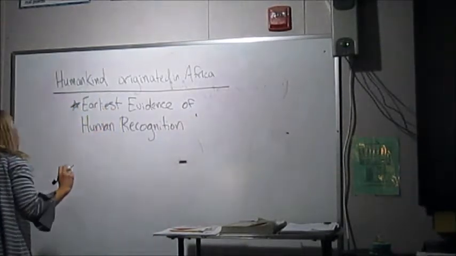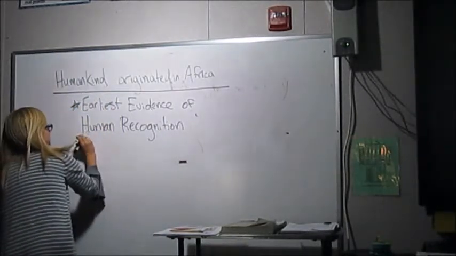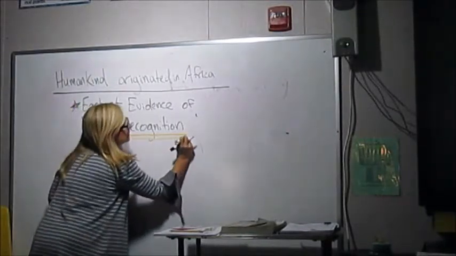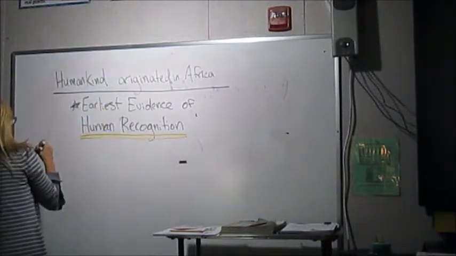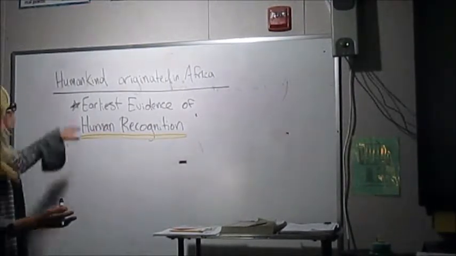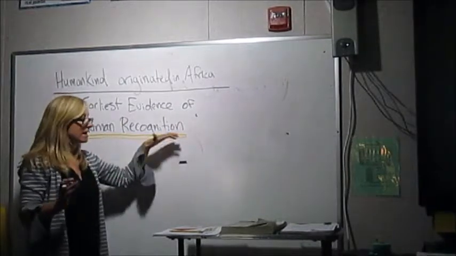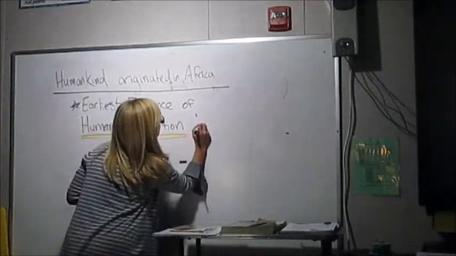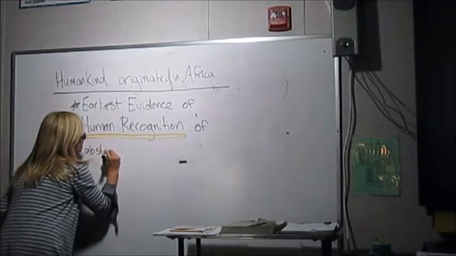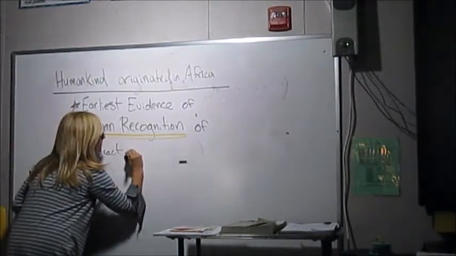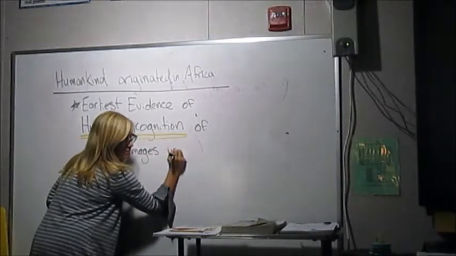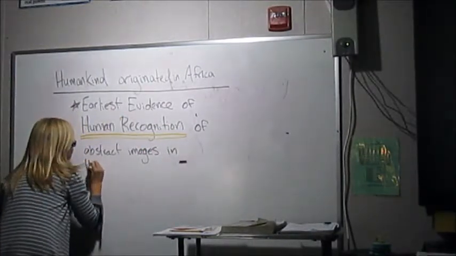I'm gonna highlight that in a different color. I can't actually highlight it, so I'm gonna underline it in a different color. If I were you, I would do something to remember this word, or this phrase. Earliest evidence of human recognition of abstract images in the natural environment.